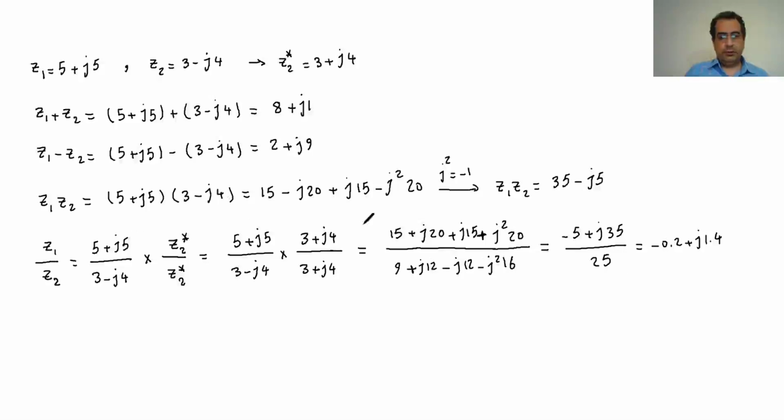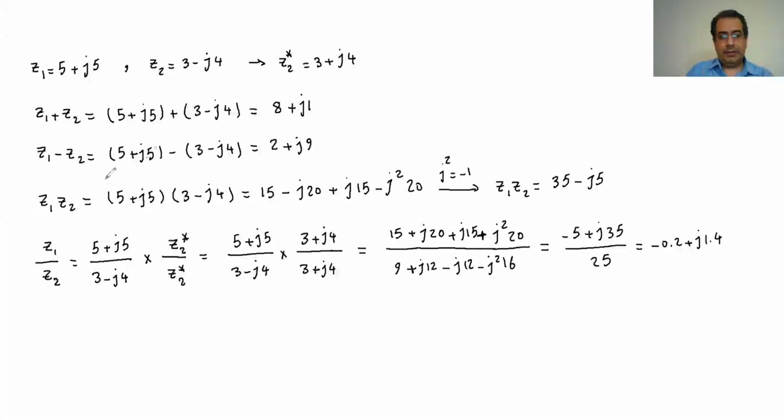Later I will show you it's much easier to do the addition and subtraction using this rectangular form, but it's much easier to do the multiplication or division using the other form of the imaginary number. So this is the very first part of that.